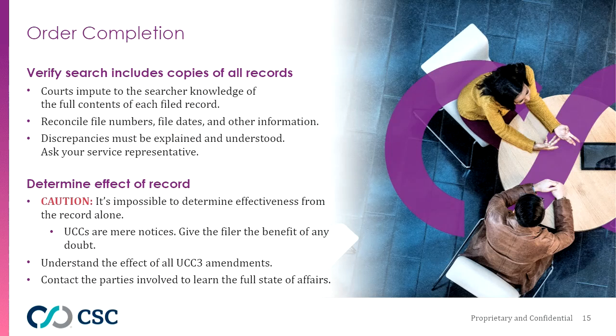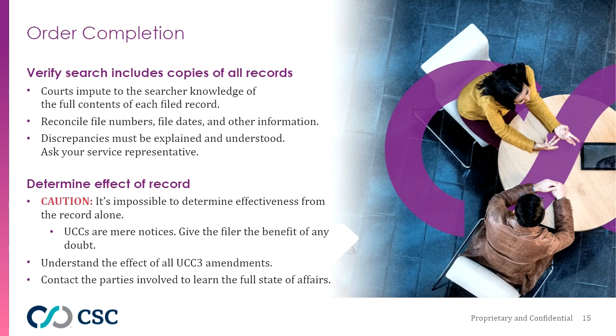Okay, so let's talk briefly about when an order is complete and you receive the results. Now, just know that when you get your search results, you'll want to review all the pages, especially where records are found. And there are situations where UCC filings have collateral exhibits attached to them. You want to make sure that any exhibit has been filed and recorded properly in the state office.